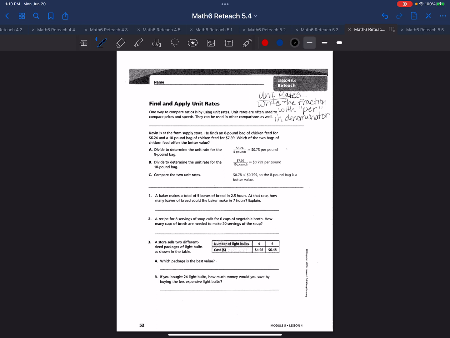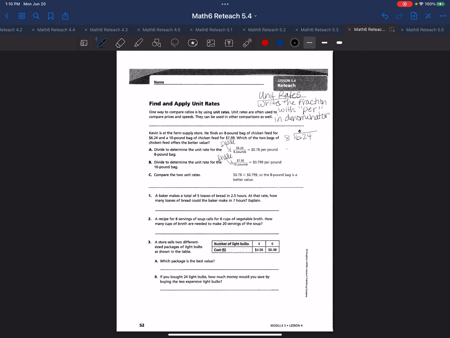So for the first one is the 8-pound bag, and we have $6.24 divided by 8. So remember, when we have a ratio or a fraction, that line means to divide, okay? So both of these are a ratio, and we have to divide them. So I take the numerator and it goes inside the division symbol here.